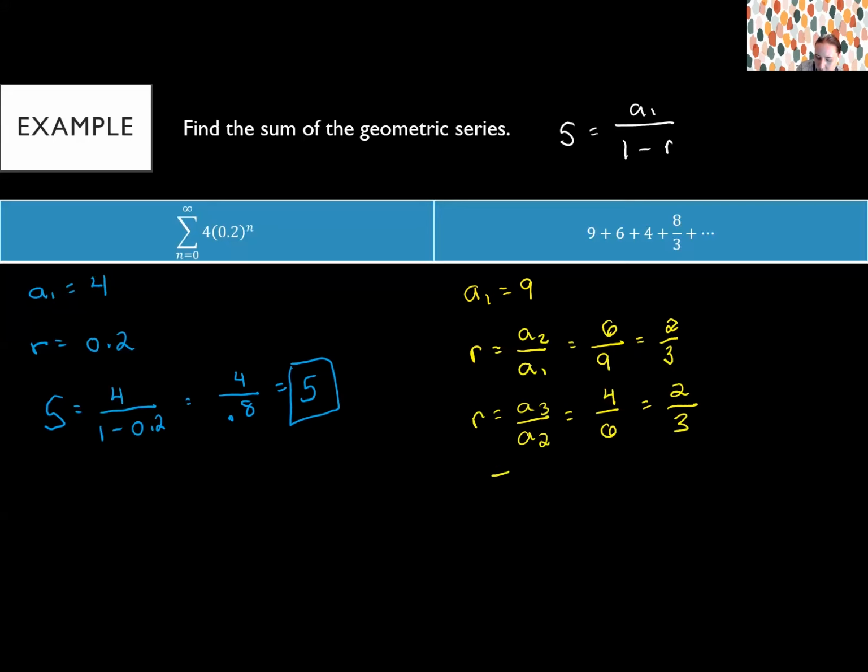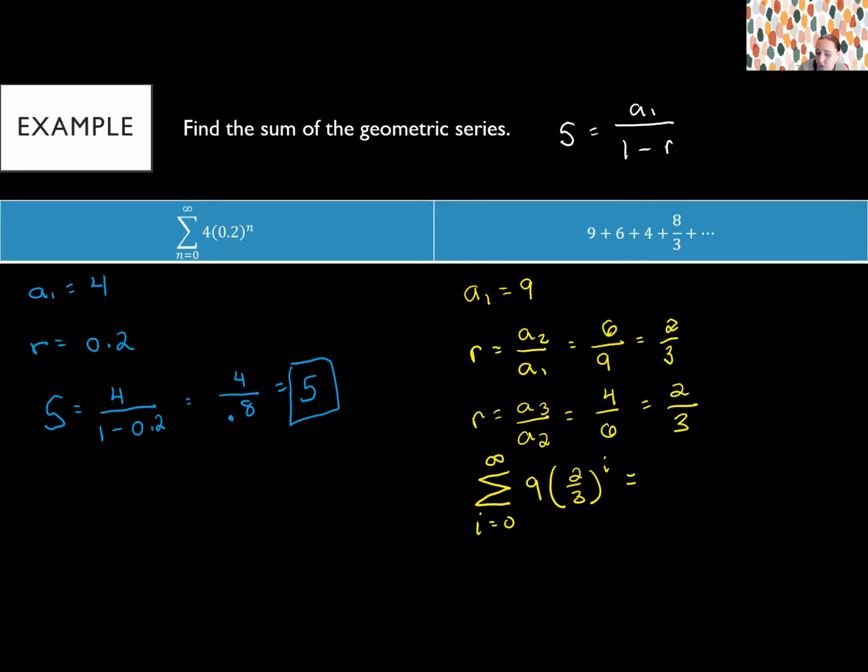So I could write this as the sum of I equals 0 to infinity of A1, which is 9, times 2/3 to the I. Or you can use N, whatever letter that you want.